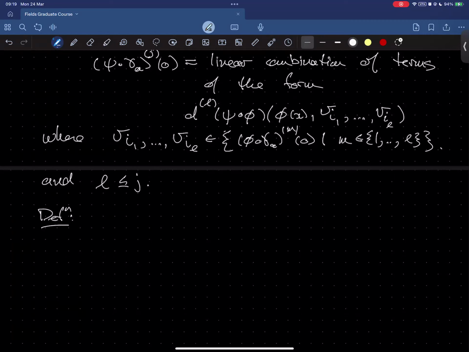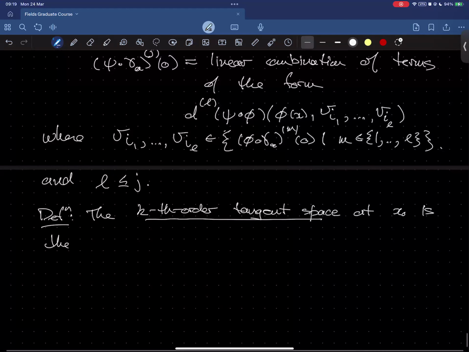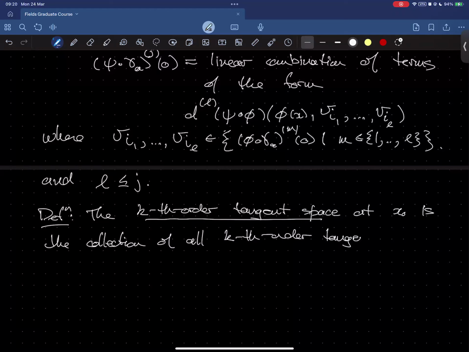The kth order tangent space at x naught, of course, is the collection of all kth order tangent vectors. So that's the generalization of the tangent space, the kth order tangent space.